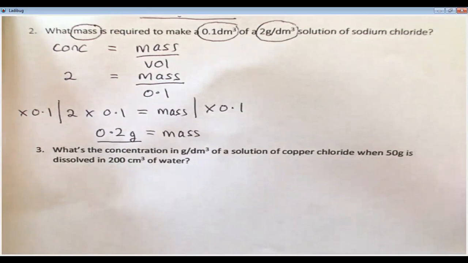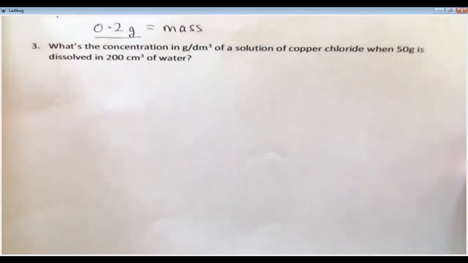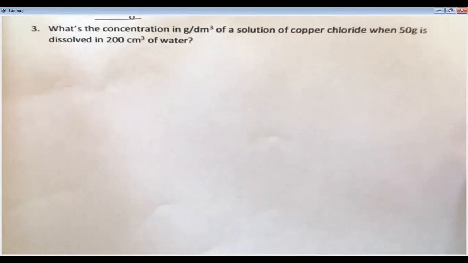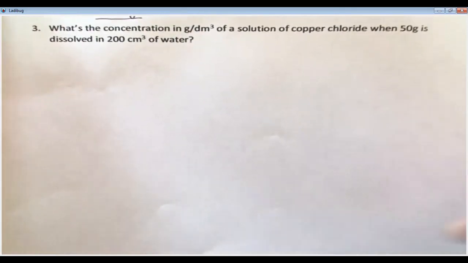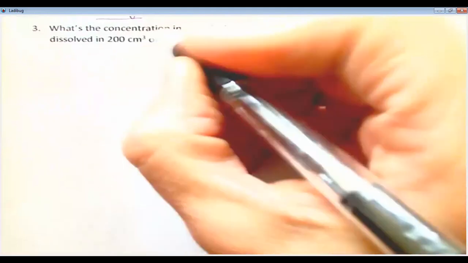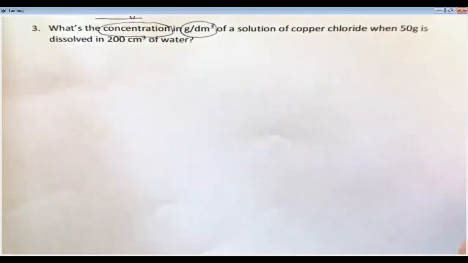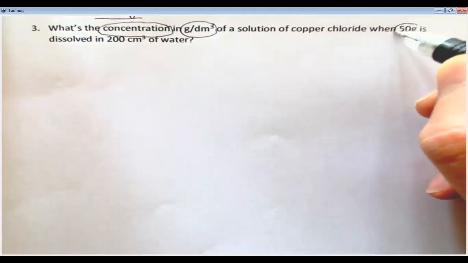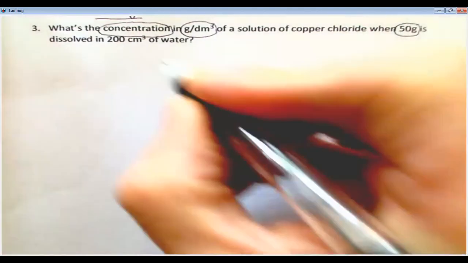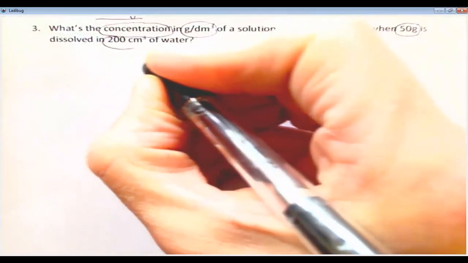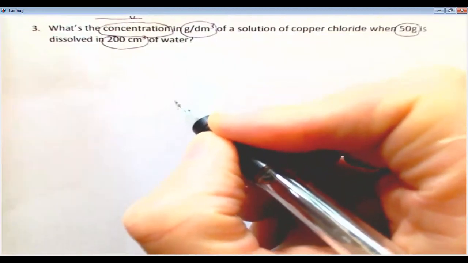And our final one, question 3, the final one we'll do together, is here. It says what concentration, so we're doing concentration again, in grams per decimeter cubed of a solution of copper chloride when 50 grams is dissolved in 200 centimeters cubed of water.